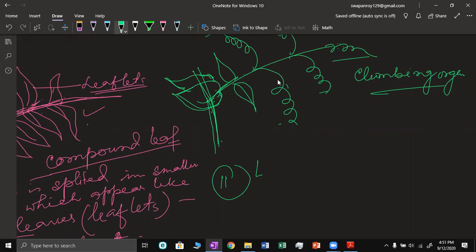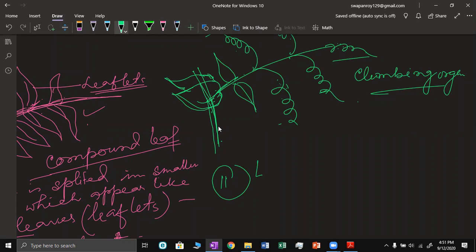See, in the compound leaf, these are the positions of leaflets. So here these are modified. In some cases, the stipules are modified into tendrils.